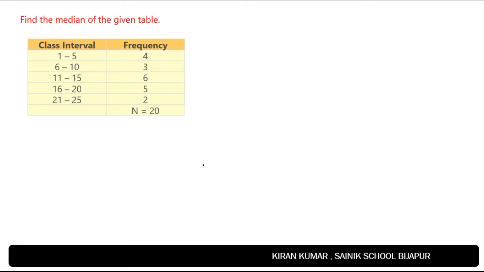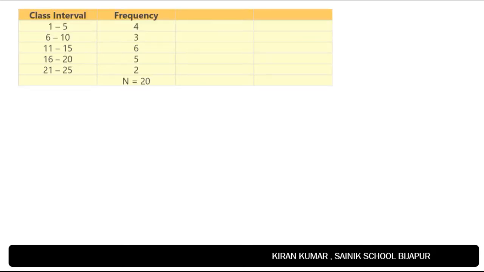The total number of frequency is 20, on adding all the frequencies. To find the median, I require cumulative frequency, so I'll consider two more columns. Here I'll mention the cumulative frequency.